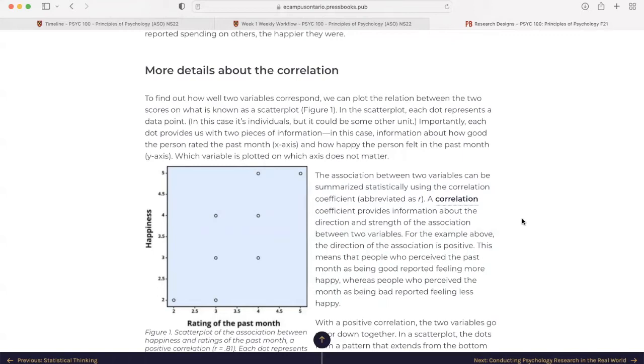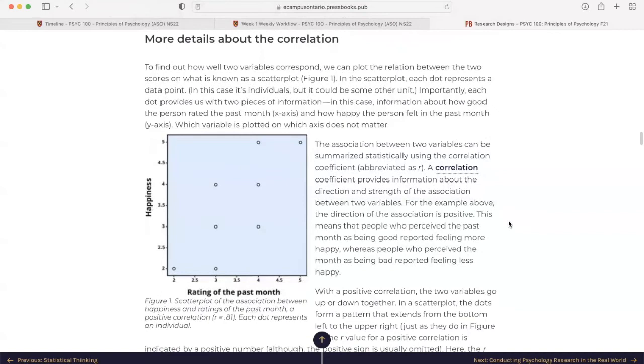The association between two variables can be summarized statistically using the correlation coefficient, abbreviated as R. A correlation coefficient provides information about the direction and strength of the association between two variables. For example, above, the direction of the association is positive.